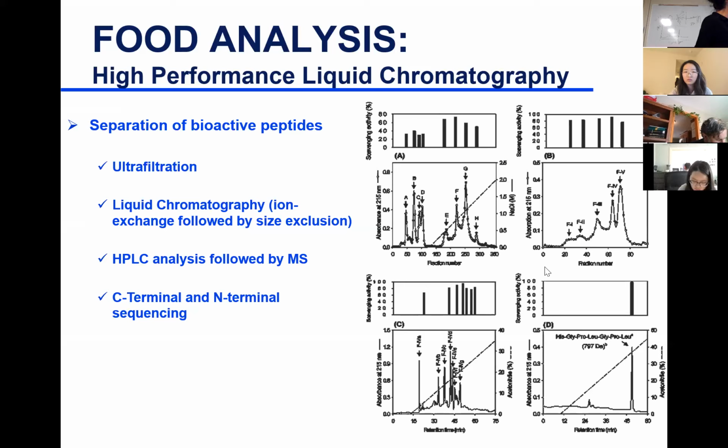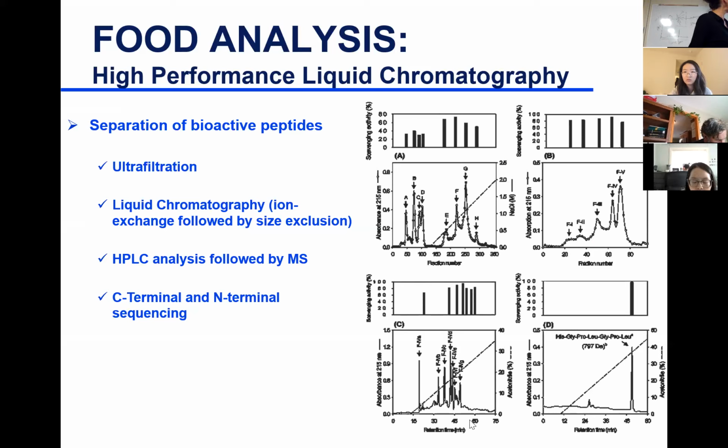From there, I use maybe reverse phase chromatography to separate them further, because they might have the same size, but you have multiple peptides. So you run them on reverse phase, then they will interact with the column differently. Again, you do the measurements to see which fraction has the highest activity.